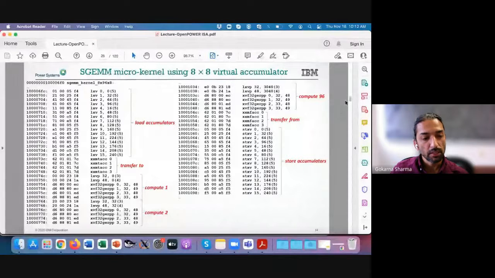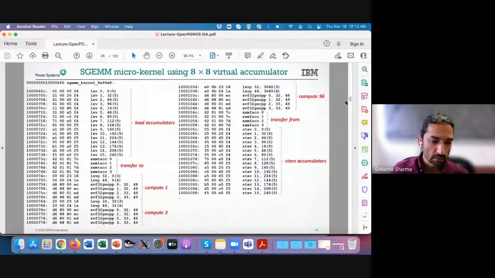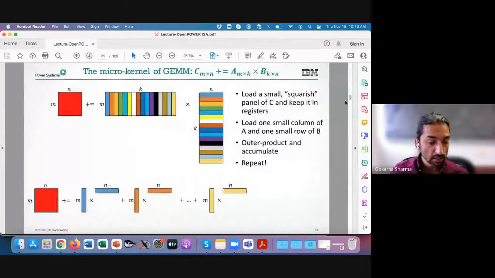When you compute here, depending on the data, you have 96 compute elements. So the 96 compute elements means you are computing one 4x4 matrix, another 4x4, another 4x4, and so on, until you reach 96. As we have seen before, consider how much computation you do.